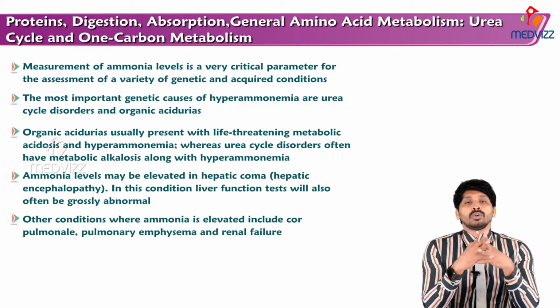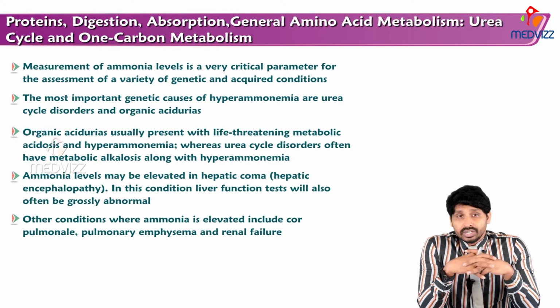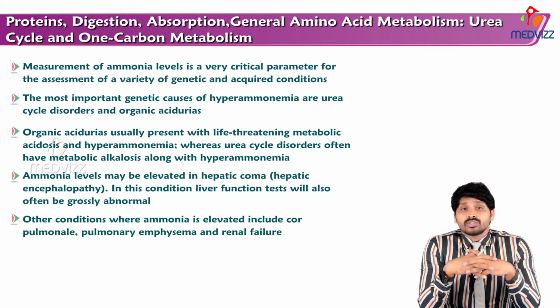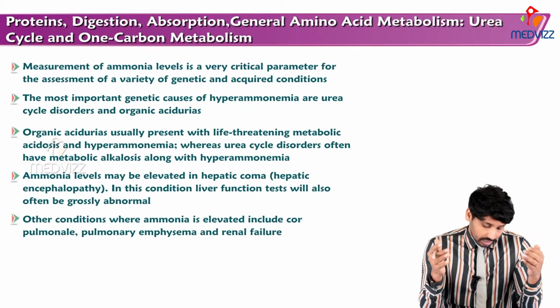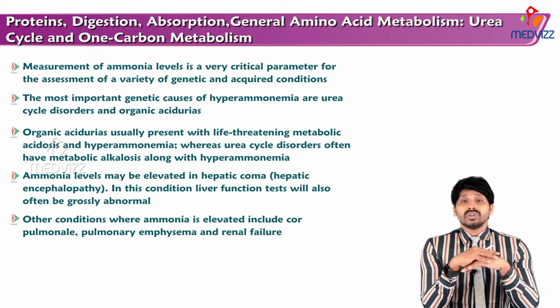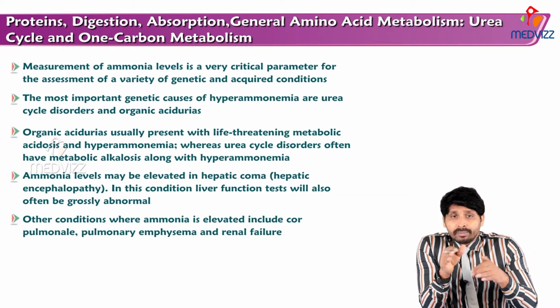Measurement of ammonia levels is a very critical parameter for the assessment of a variety of genetic and acquired conditions. The most important genetic causes of hyperammonemia are urea cycle disorders and organic acidurias. Organic acidurias usually present with life-threatening metabolic acidosis and hyperammonemia, whereas urea cycle disorders often have metabolic alkalosis along with hyperammonemia.